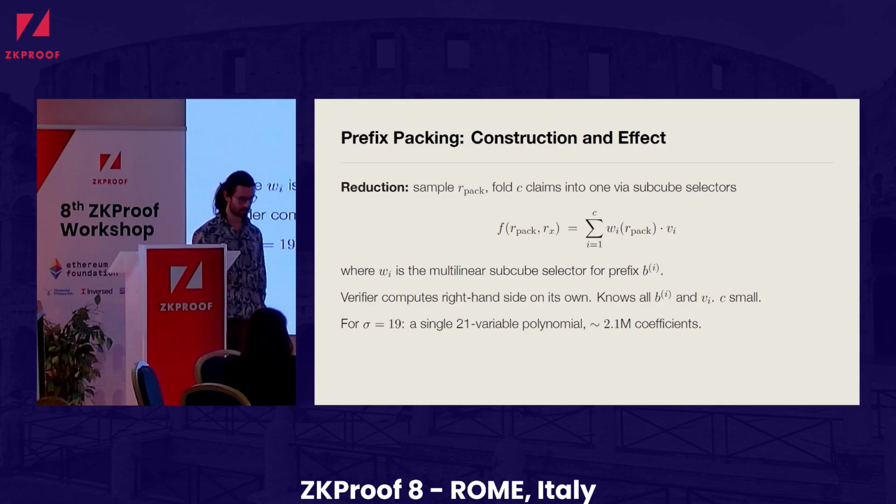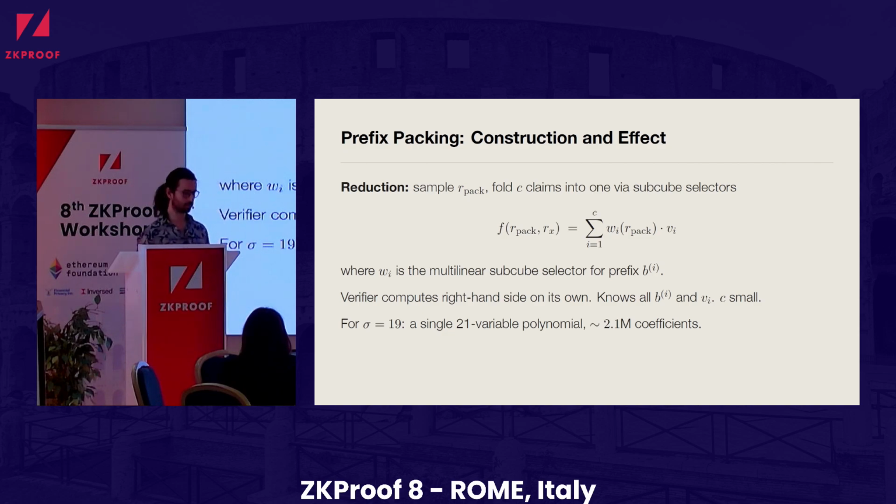And the verifier in particular can compute the right-hand side of this equation on its own because it knows the selectors and it knows the claim, and the number of C in particular is small, a bit over 100. So for 19 rounds, this becomes a 21 variable polynomial, and it's quite small in terms of coefficients, so we can compute it efficiently.